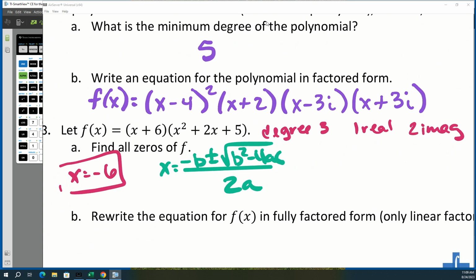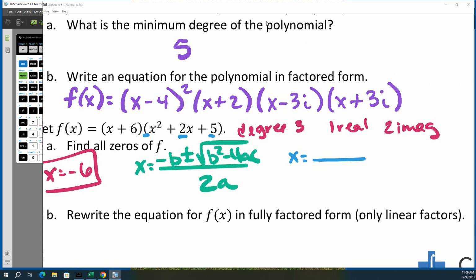So in this situation, A is 1, B is 2, and C is 5. So I'm just going to fill all that stuff in. Now when I do the quadratic formula, I go ahead and square B as I write it down, so hopefully that won't confuse you.